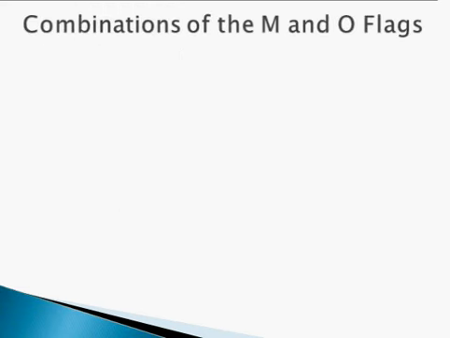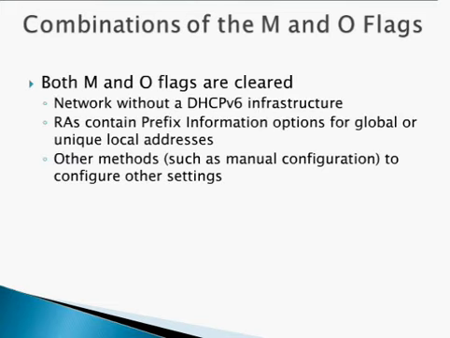Okay, so let's look at these two flags, the M and the O flags. The managed address configuration flag tells the host to use DHCP for addresses, and then the O flag, the other stateful configuration flag, tells the host to use DHCP to get configuration settings. If I clear both of these flags, and by clear I mean setting them to 0, this basically corresponds to a network without a DHCP relay agent on it, or just a network in general without DHCP infrastructure.